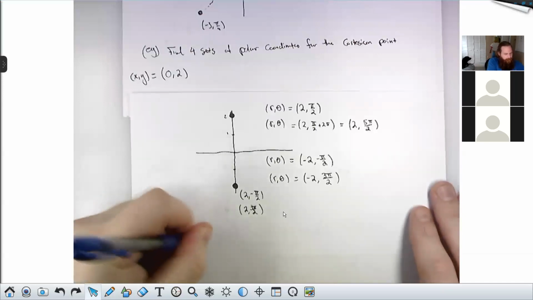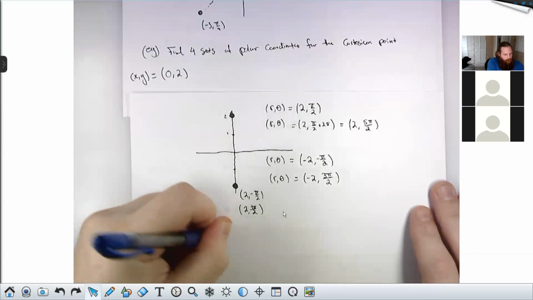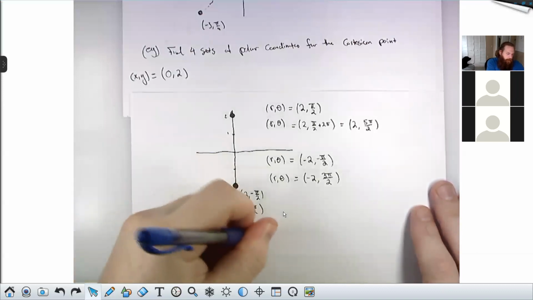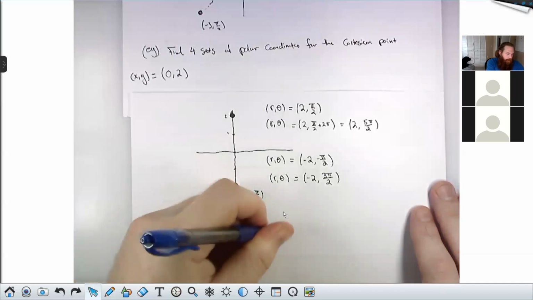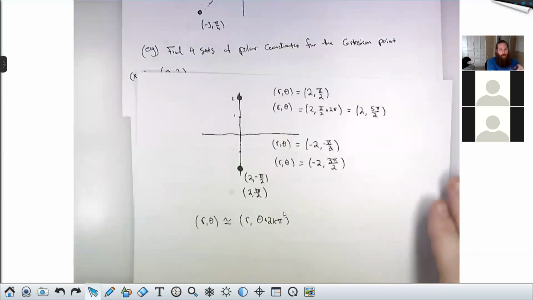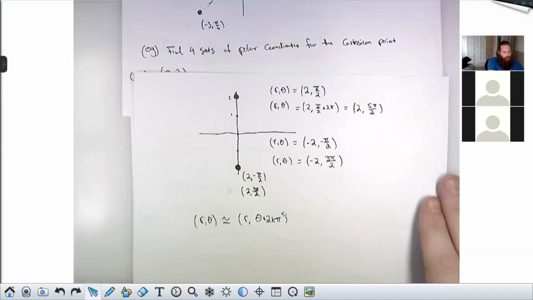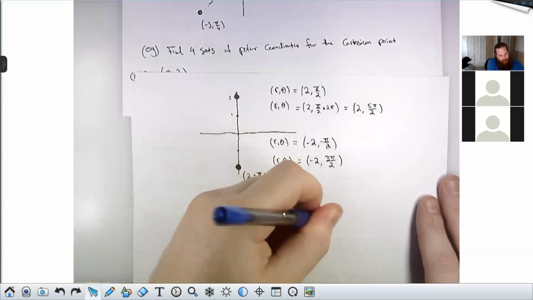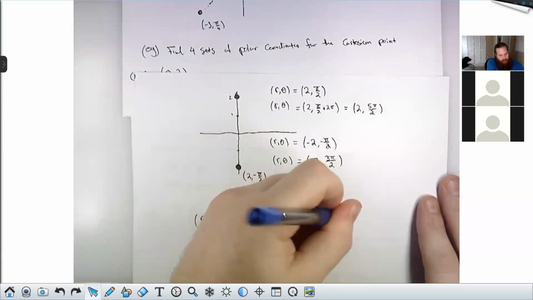So r comma theta will always get you to the same point as r comma theta plus 2k pi. That's the thing about being able to walk around the circle and get back to where you were. And it will also always be the same as negative r comma theta plus pi or theta minus pi.